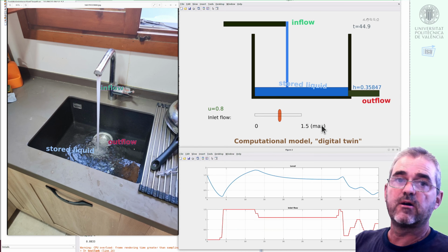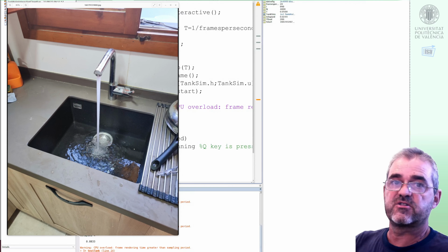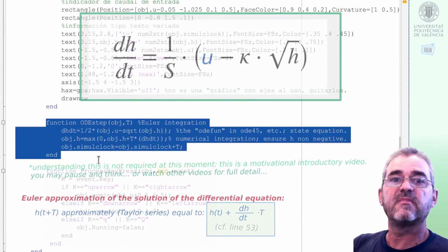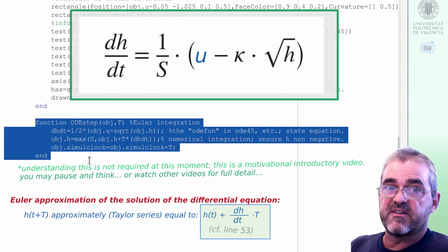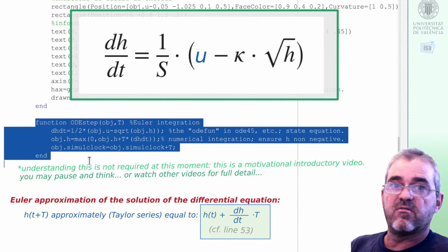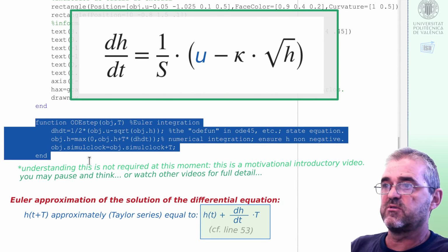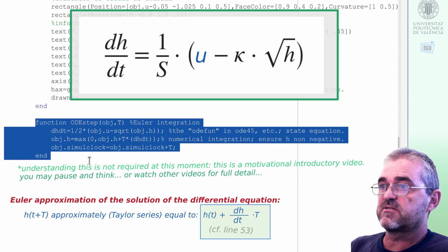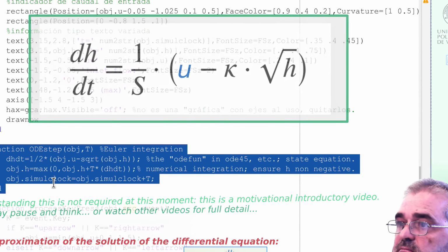What is that copy? Well, that copy is some code whose details, of course, are not the goal of this introductory video, no formulas, but okay, this thing I highlighted in blue is the Euler integration approximation of the differential equation, so that this constitutes the computational model of my tank.